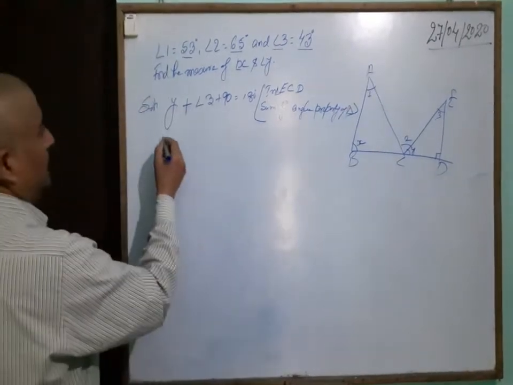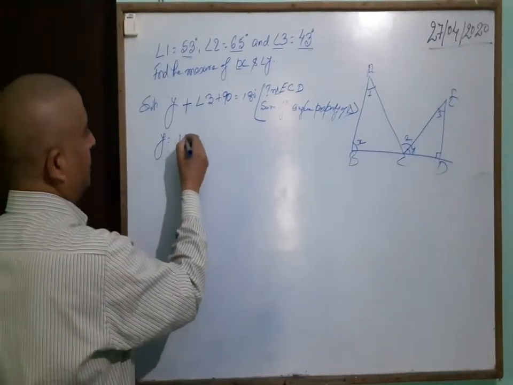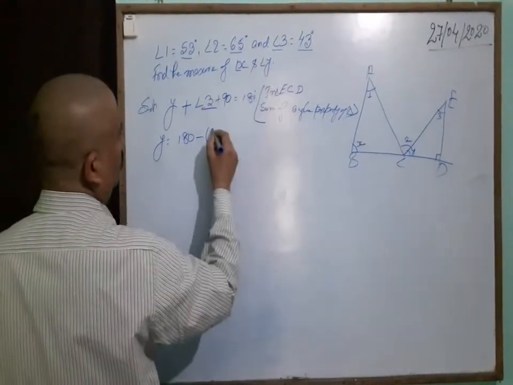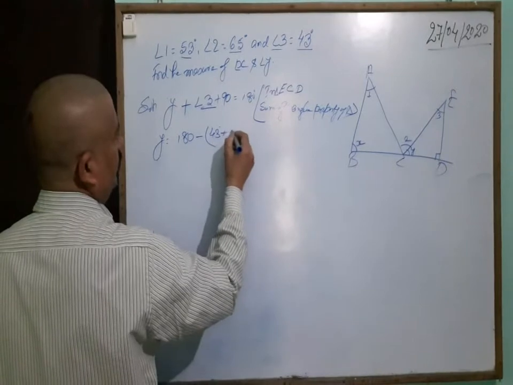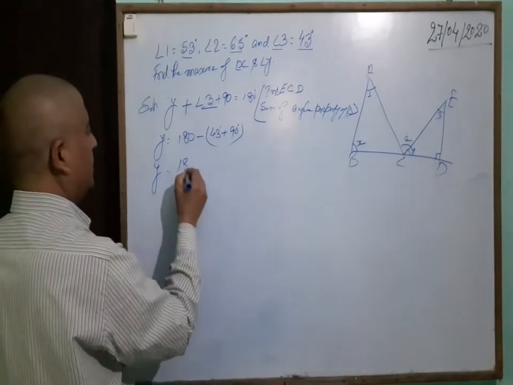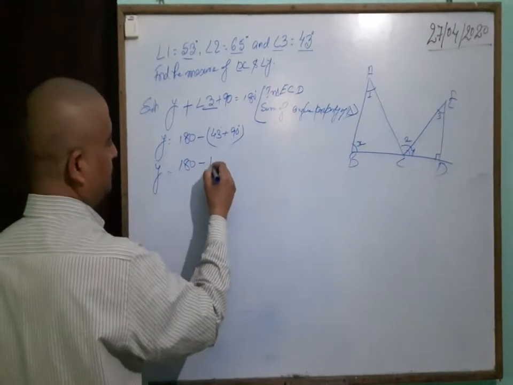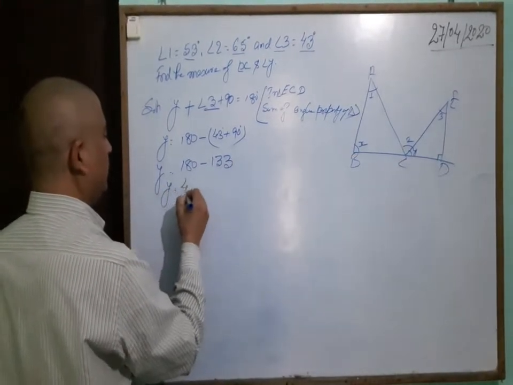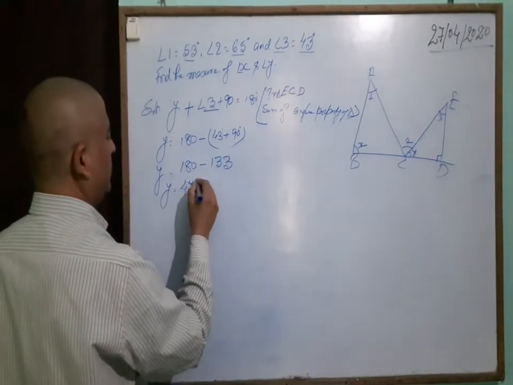So y equals 180 minus angle 3, which is 43 degrees plus 90 degrees. So y is equal to 180 minus 133. So y is equal to 47 degrees.